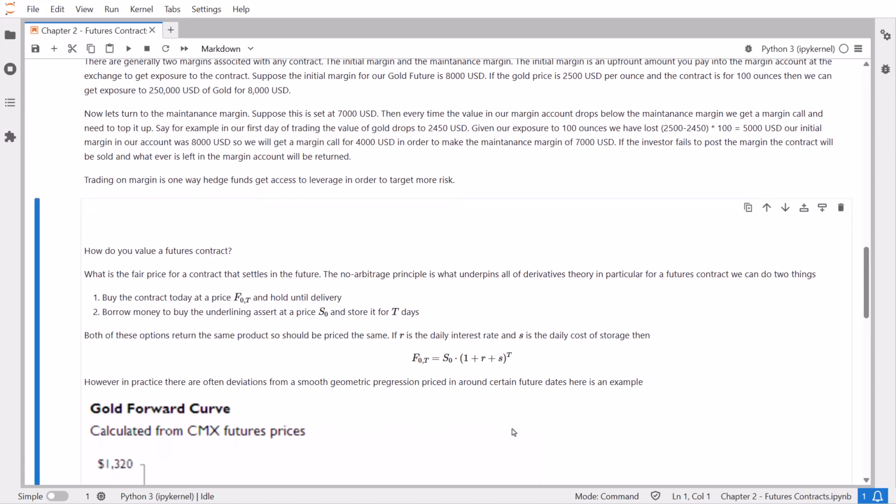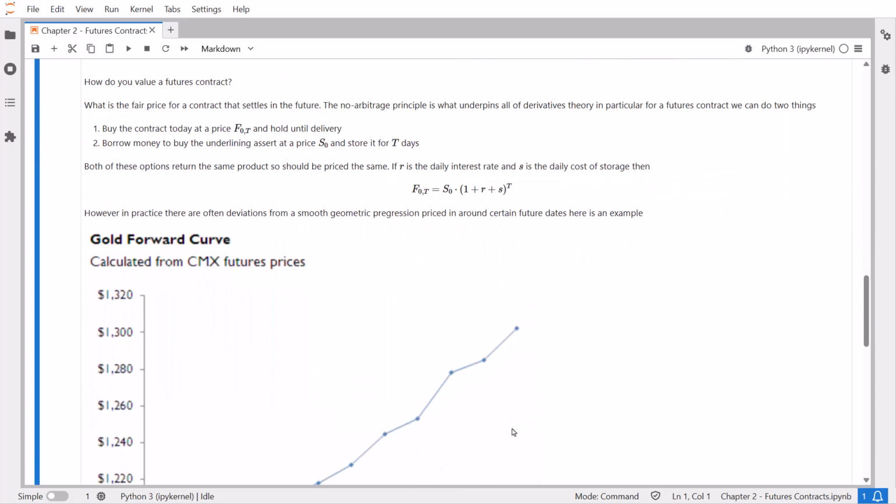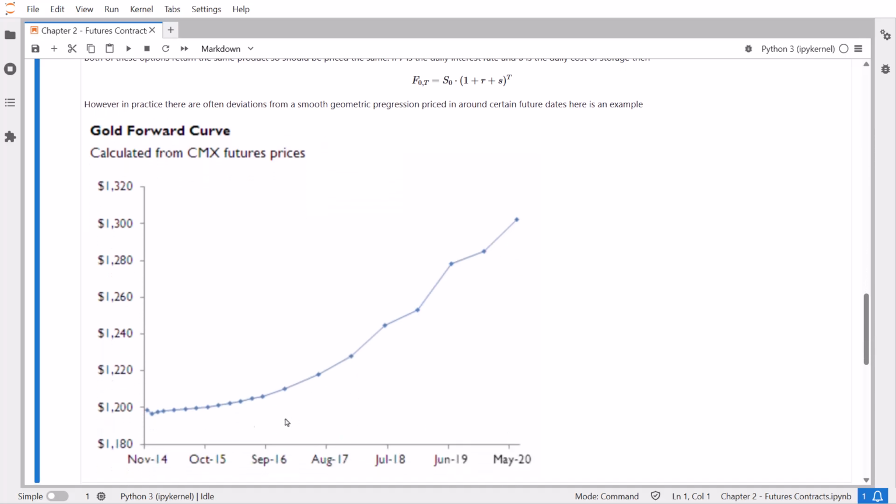But essentially, we can look at the gold forward curve, which tells us for the different contracts along the x-axis what is the price, and here we see that based on this interest rate and storage costs, this is the future price of gold.